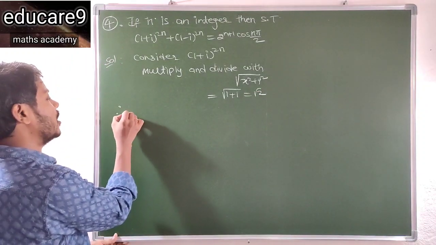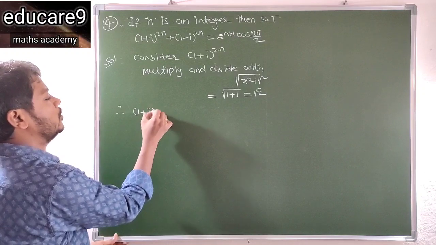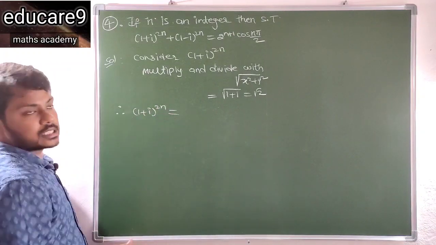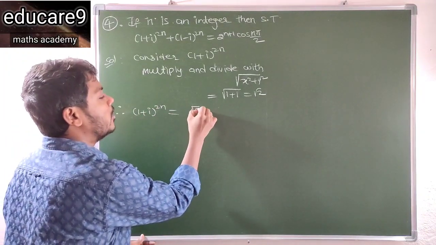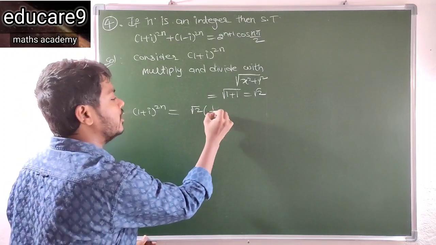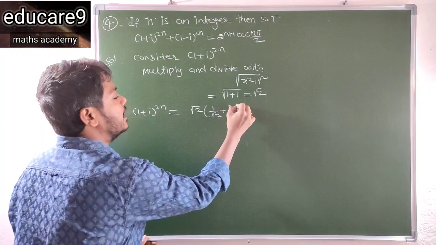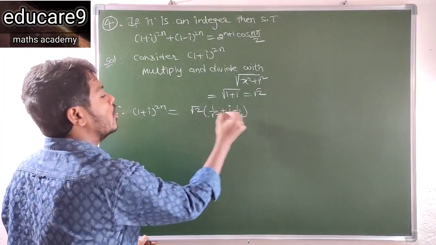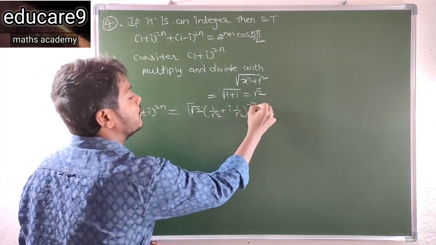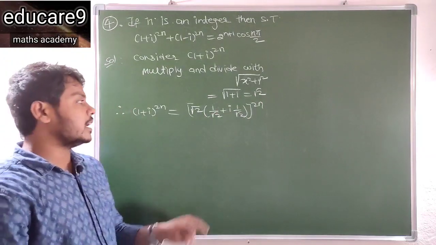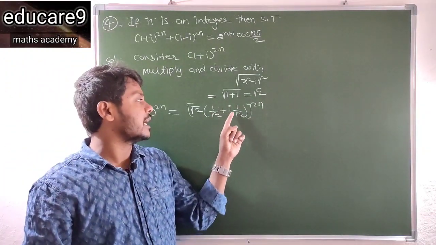So therefore 1 plus i whole to the power of 2n can be written by multiplying root 2 and dividing with root 2. That is root 2 into 1 by root 2 plus i into 1 by root 2, whole to the power of 2n. Now clearly see here 1 by root 2 plus i 1 by root 2.